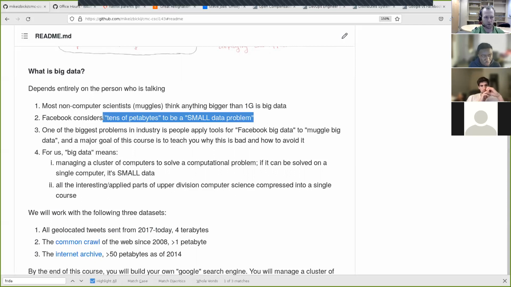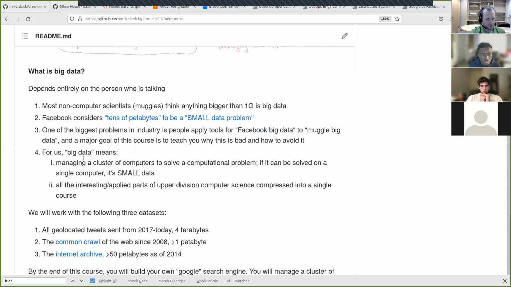They'll hear about Facebook using these techniques and apply the wrong techniques to the wrong problem. In this class, we'll see why that causes problems, and we'll talk about strategies for convincing people to use the right solution for the problem.